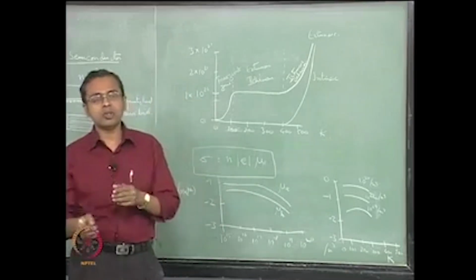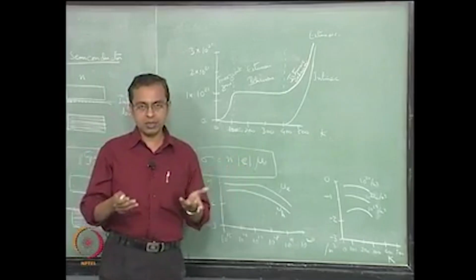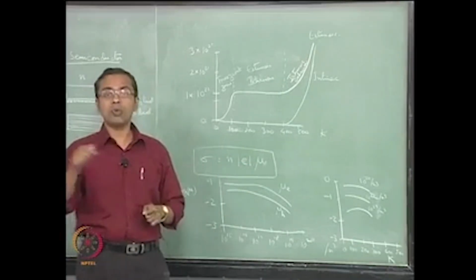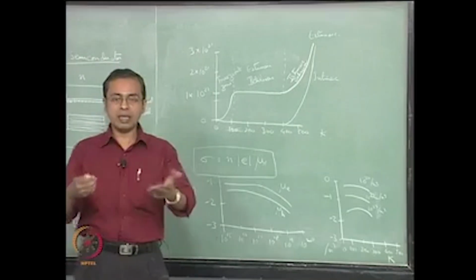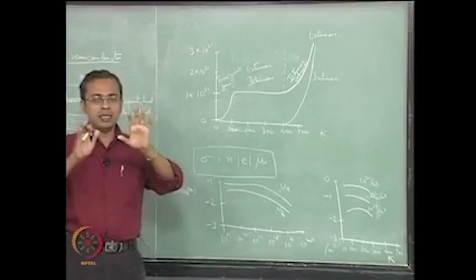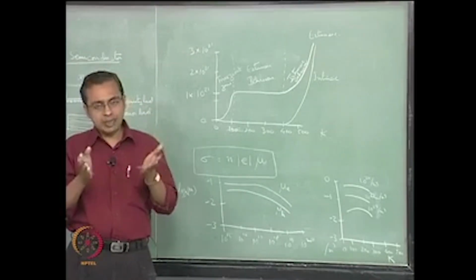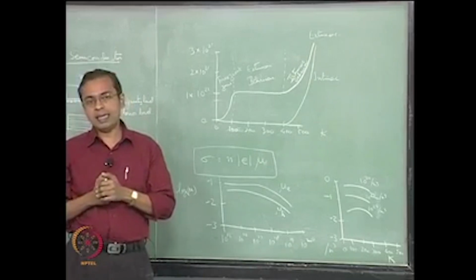In the metallic system also the conductivity comes down as you raise temperature, because the mobility of the electrons begins to come down, because it is encountering more scattering events. So in terms of mobility the general trend is basically the same whether you are talking of a semiconducting material or a metallic conducting material.